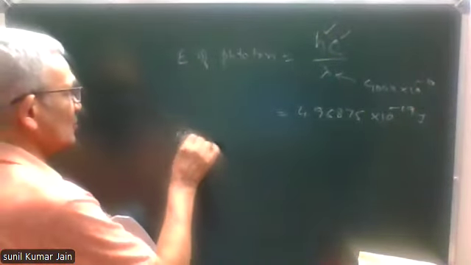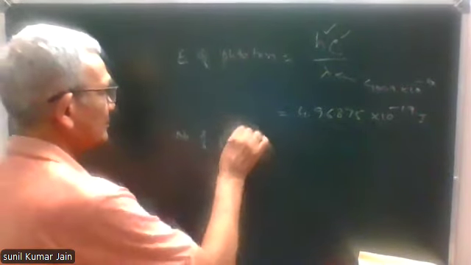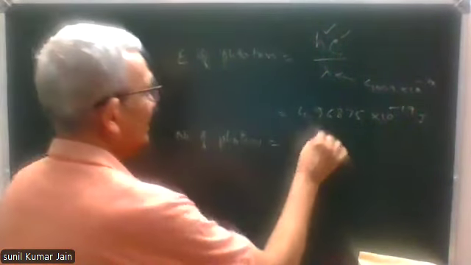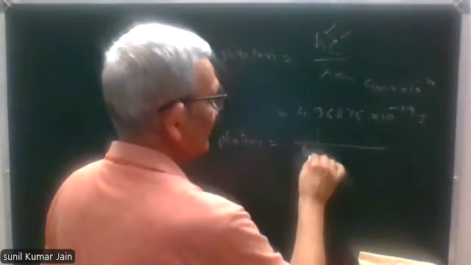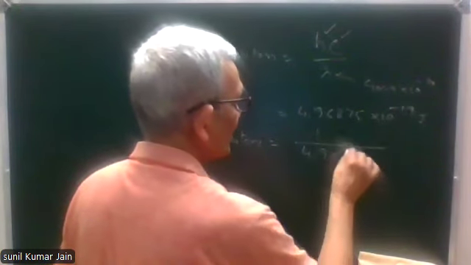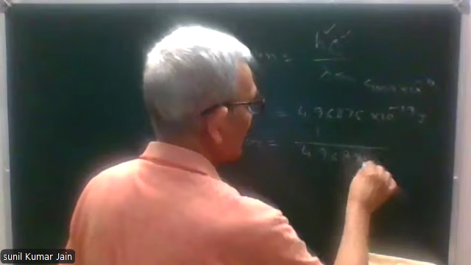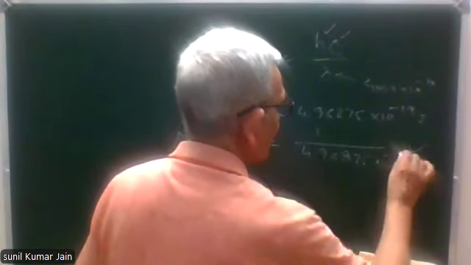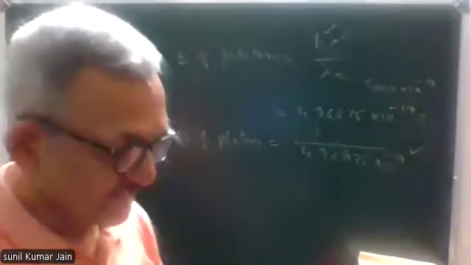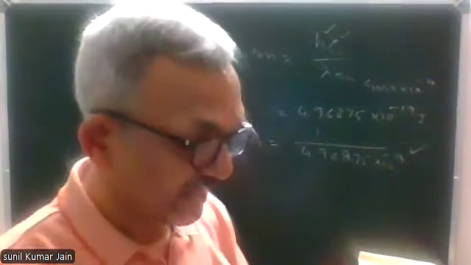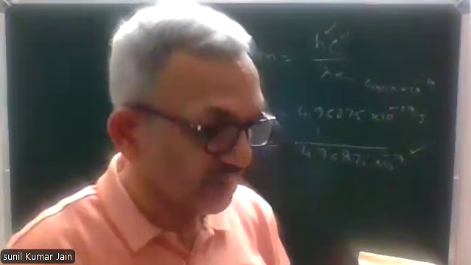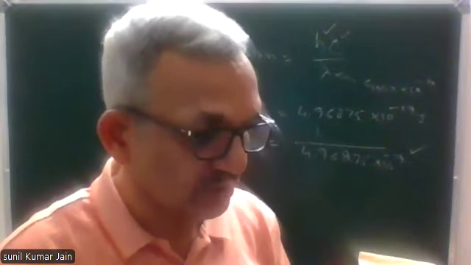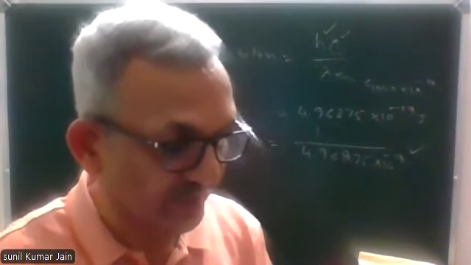So the number of photons will be 1 divided by this value. You'll get the answer.